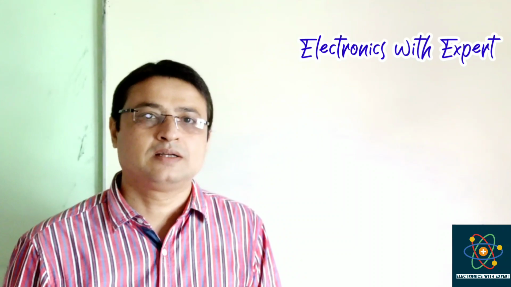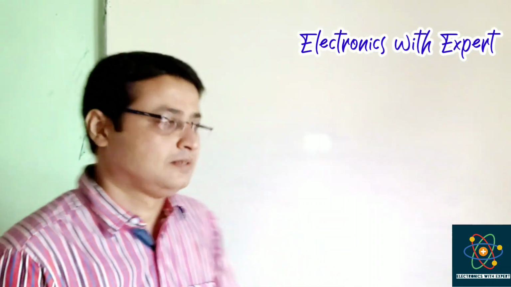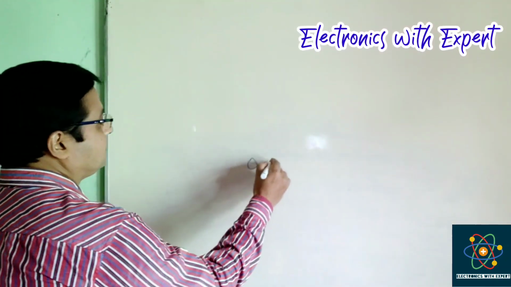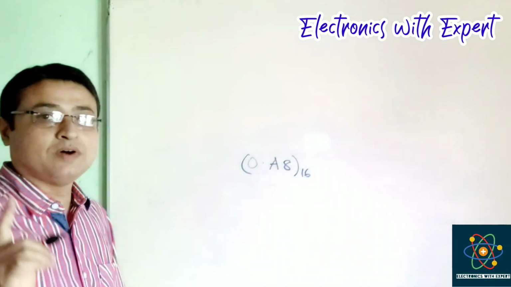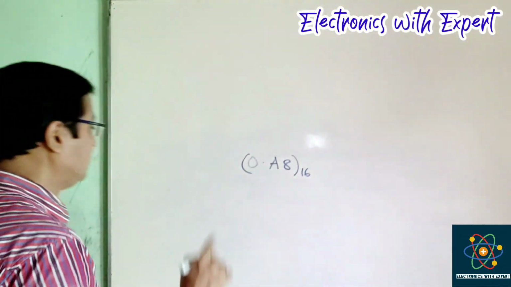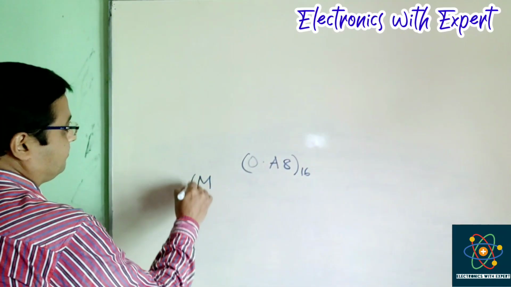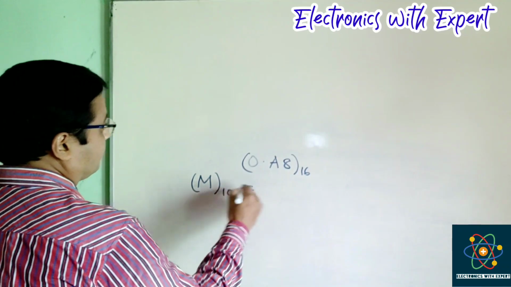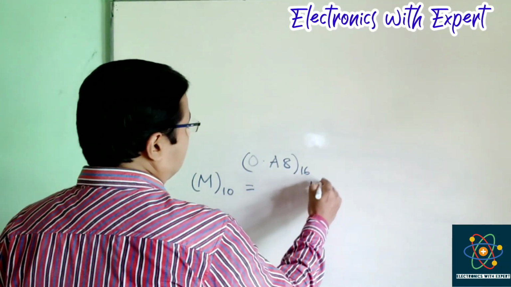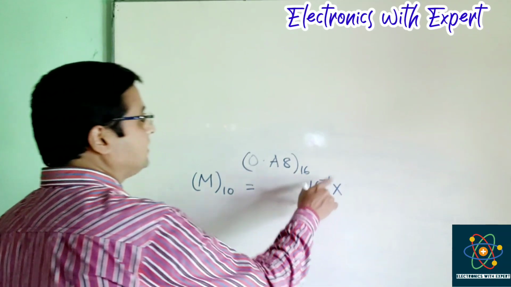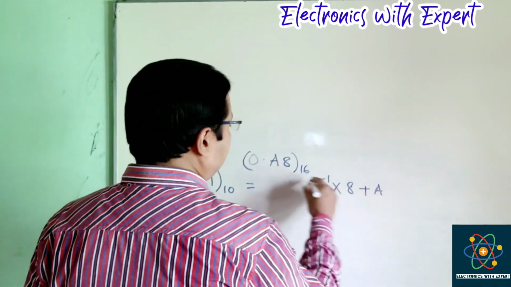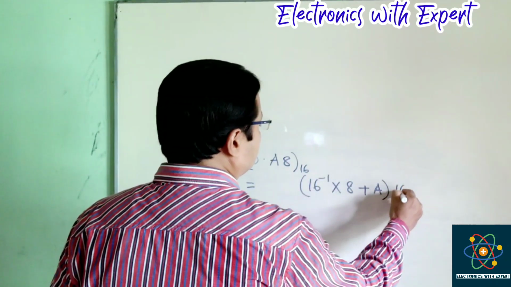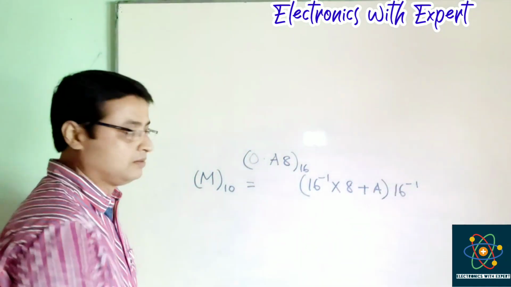Now it's time to take an example. Let's convert .A8, the fractional part of our first example, by using this technique. It can be written as 16 to the power -1 into 8 plus A whole multiplied by 16 to the power -1.